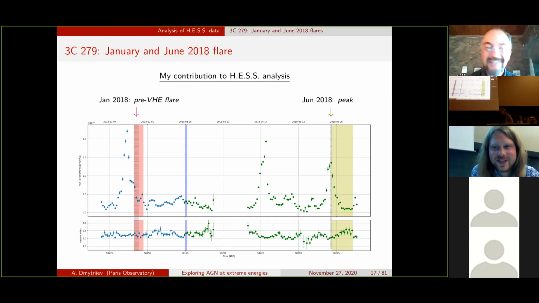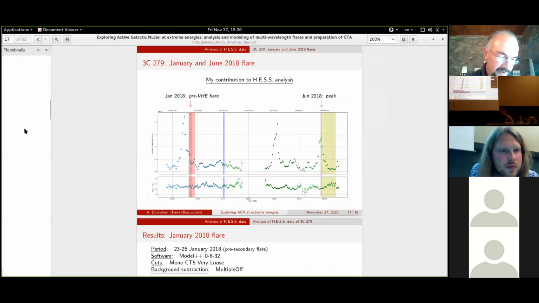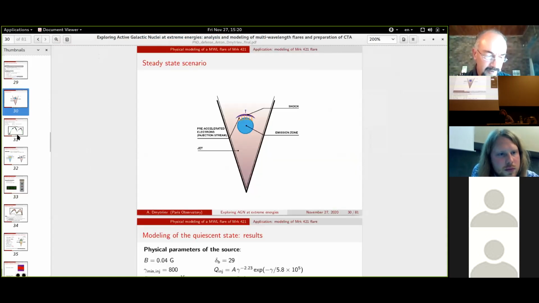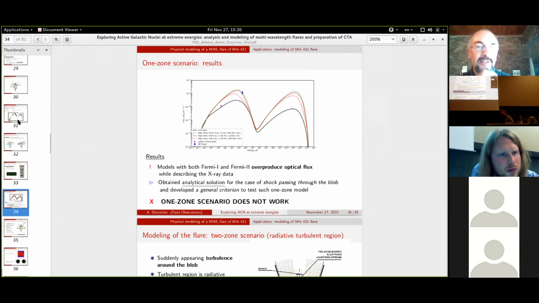Very good. A few questions on the model. First of all, the way you evaluate the radiation, is it including light travel time effects?